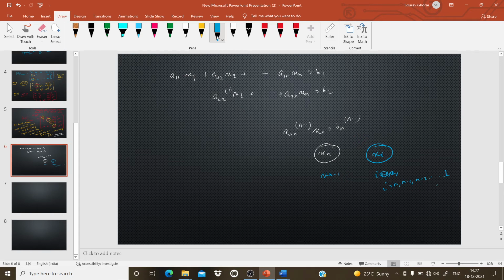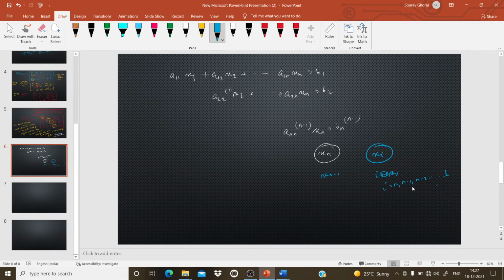So now I'm just going to solve one problem, and then it will be much clearer to you how you can solve a system of linear equations by using the Gauss elimination method.